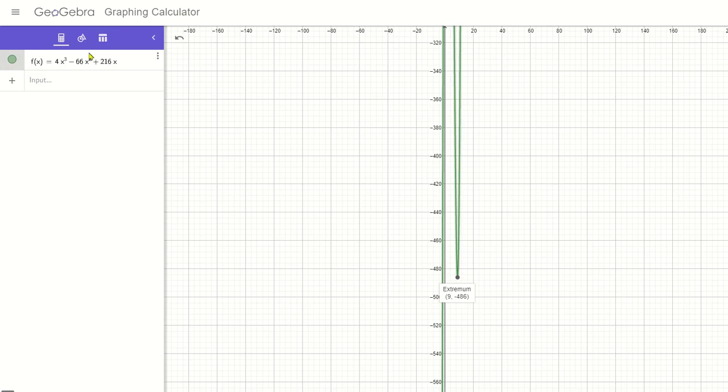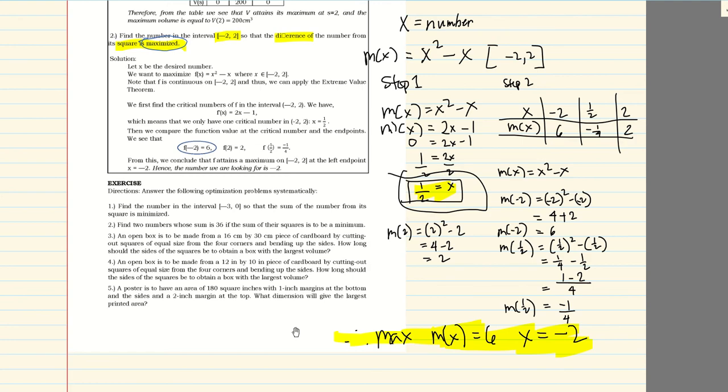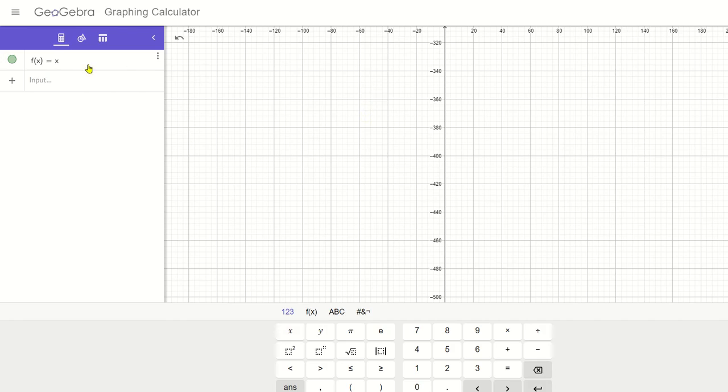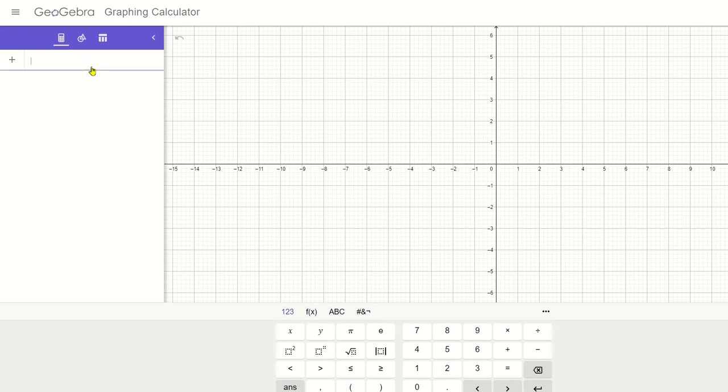Where's the graph? Okay, here we're going to try to graph that one, which is x squared minus x. I don't know why sometimes it doesn't graph.